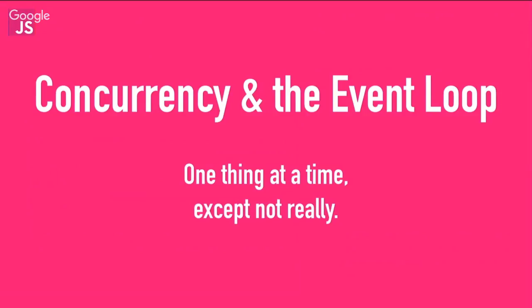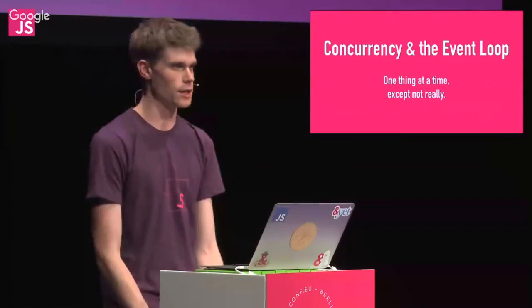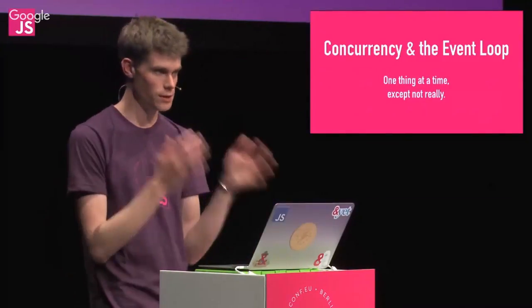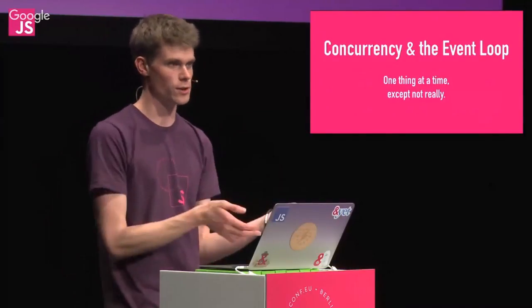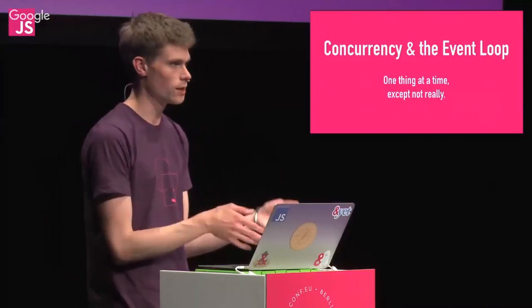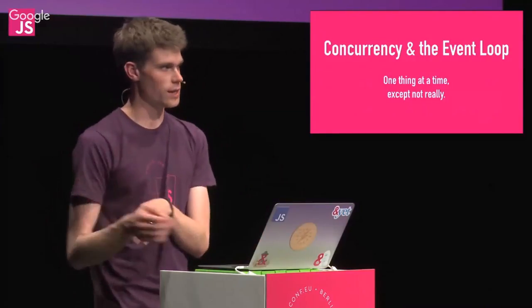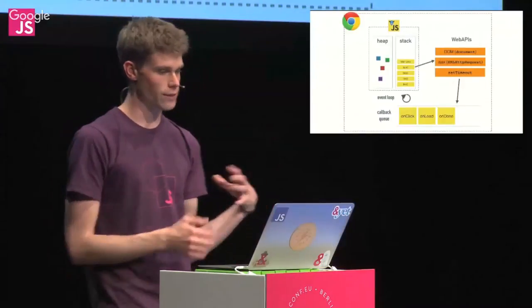And this is basically where the event loop comes in, and concurrency. Right? So I've been kind of partially lying to you and telling you that JavaScript can only do one thing at a time. That is true. JavaScript, the runtime, can only do one thing at a time. It can't make an AJAX request while you're doing other code. It can't do a setTimeout while you're doing other code. The reason we can do things concurrently is that the browser is more than just the runtime. So remember this diagram.